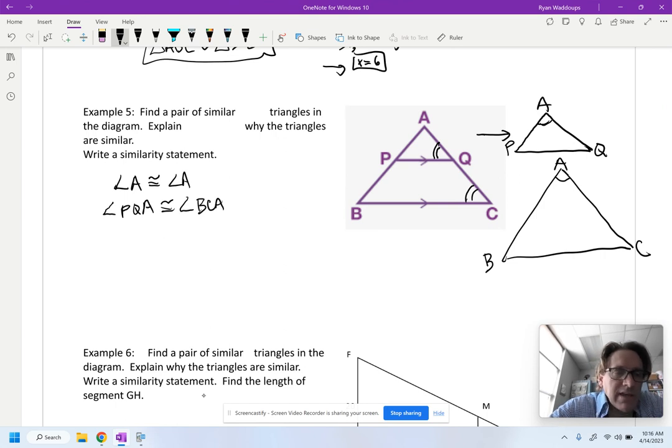Since I've got two pairs of congruent angles, we can say, yes, this is similar. And we can write our similarity statement that triangle APQ is similar to triangle ABC.